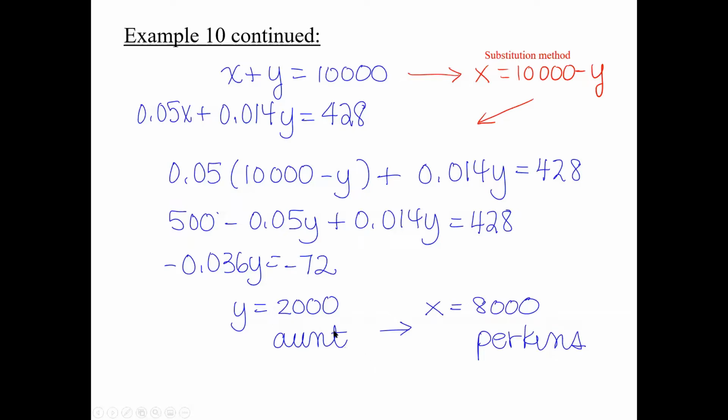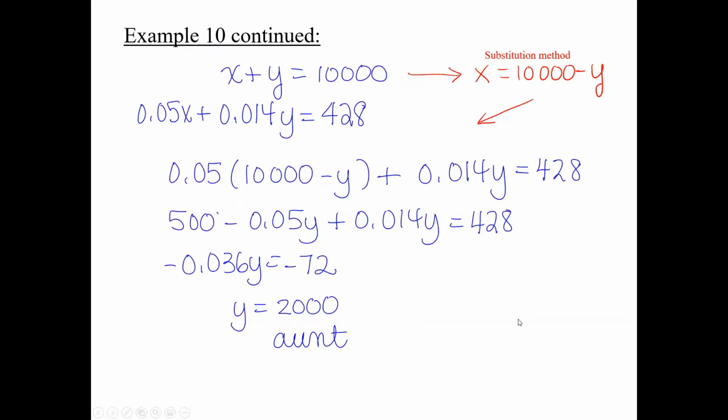Okay, so basically we take 10,000 minus 2,000 equals 8,000. So that's how much he borrowed on the Perkins loan. So we have 2,000 from the aunt and 8,000 from Perkins. So that's our final solution.